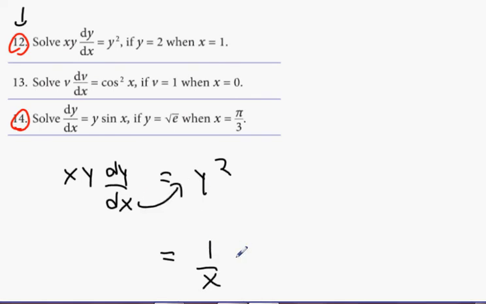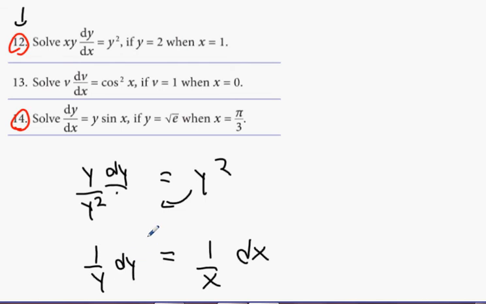Bring the dx up. So that gets rid of my x and dx. They're gone. Now what about the y squared? Bring it underneath. 1 over y squared times dy. They're just dressing up log, aren't they? As best they can.